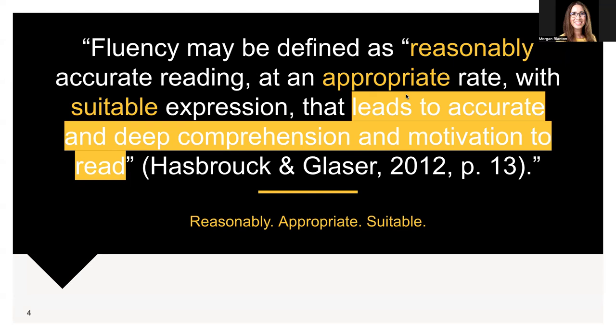That really helps us hone in on the purpose of fluency, as well as a nice reminder here at the end that the purpose of reading with reasonable accuracy and appropriate rate and a suitable expression is all so that we can have accurate and deep comprehension. And when we do those things, often we're more motivated to read. And so I really like this definition because of that.